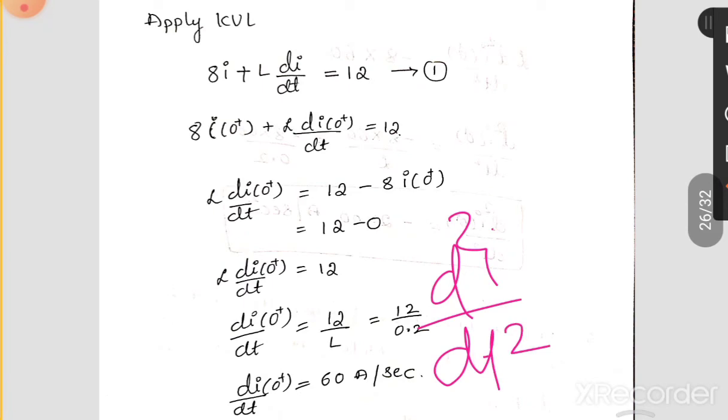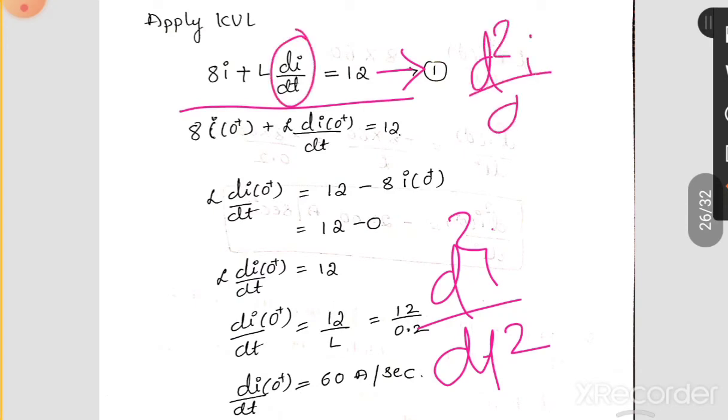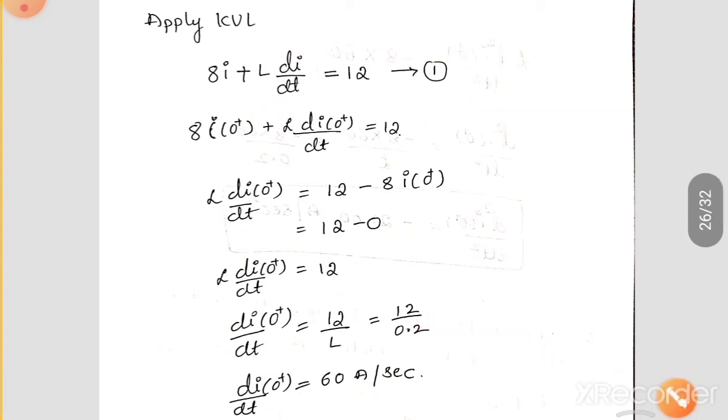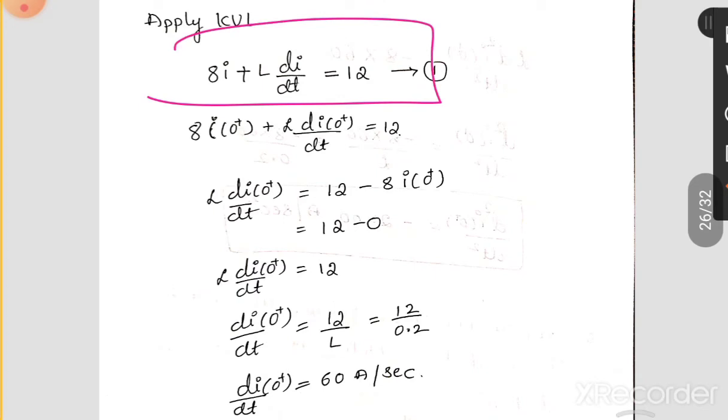Similarly, we require d square I by dt square. For that, what we have to do is differentiate this first equation. If you differentiate this di by dt, we will get d square I by dt square. Let's do that. Differentiate the first equation, which is 8I plus L into di by dt equal to 12.